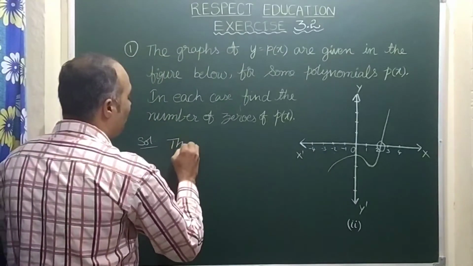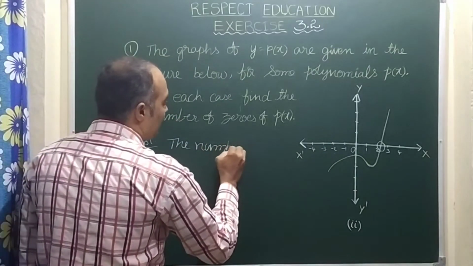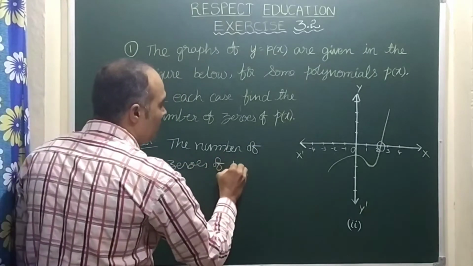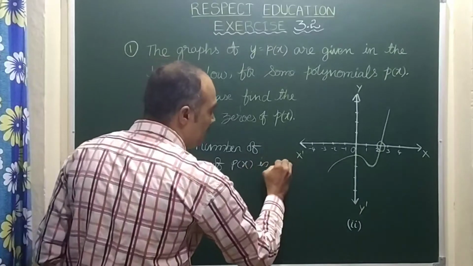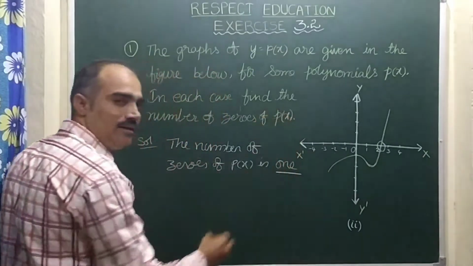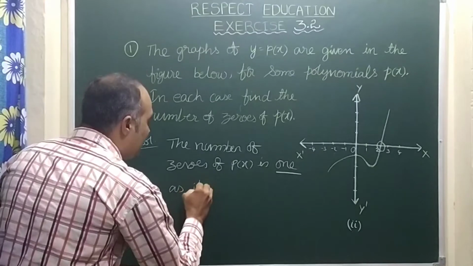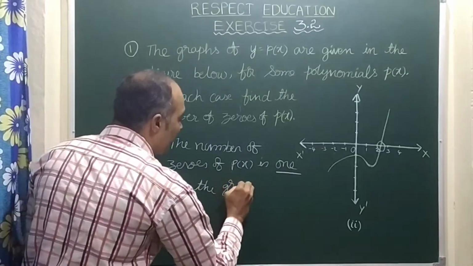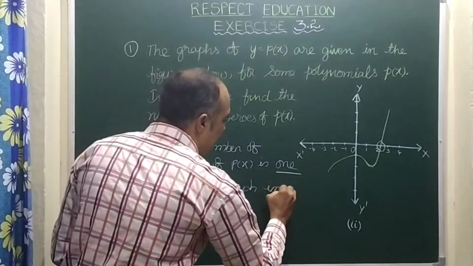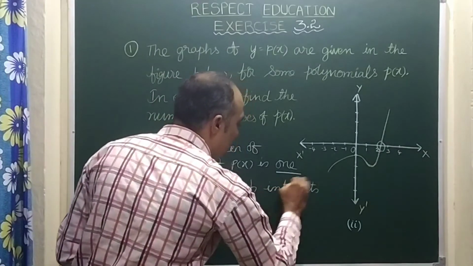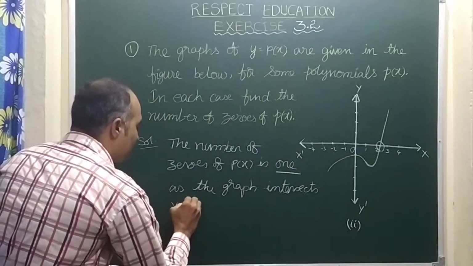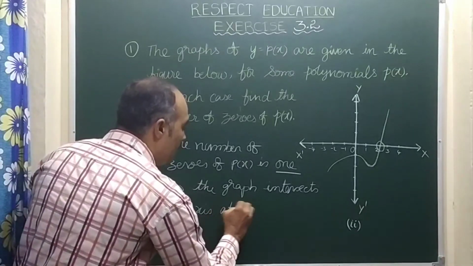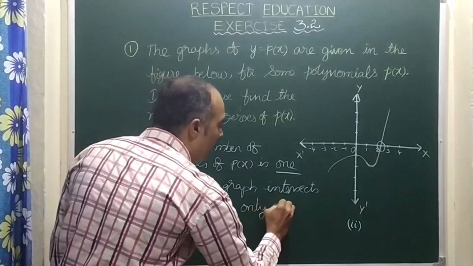The number of zeros of p of x is 1, as the graph intersects the x-axis at only one point.